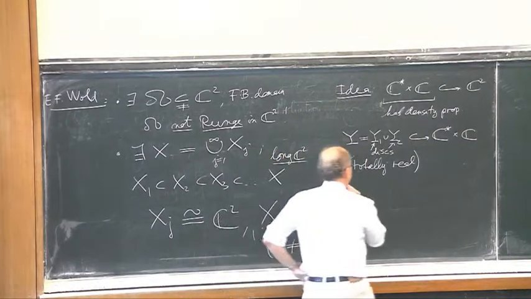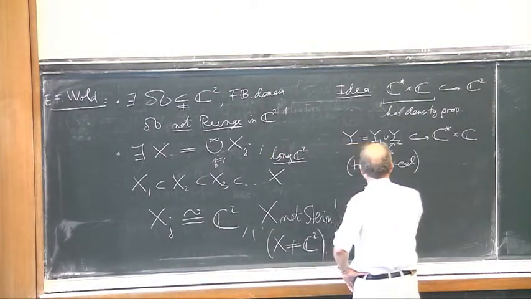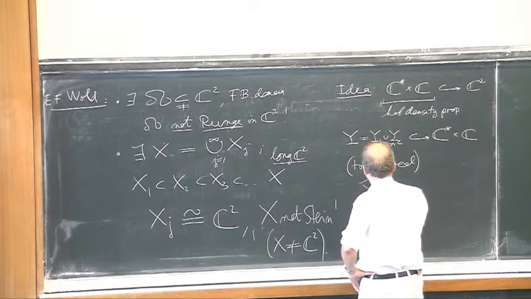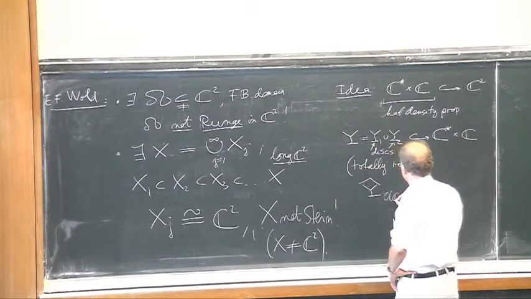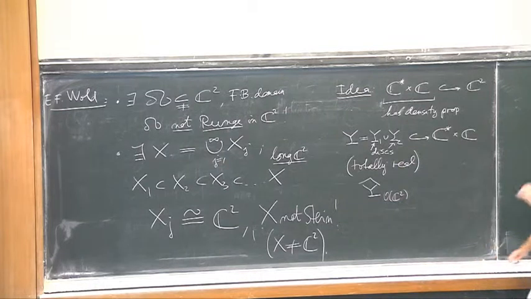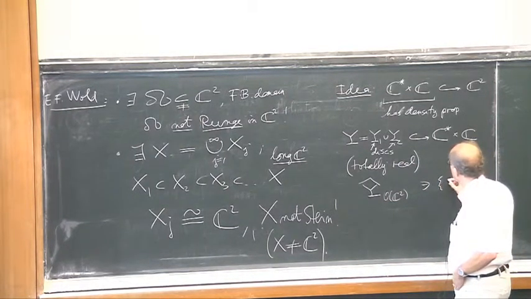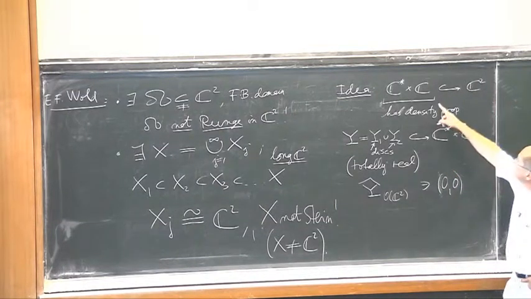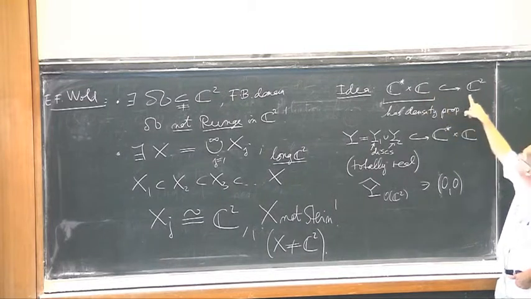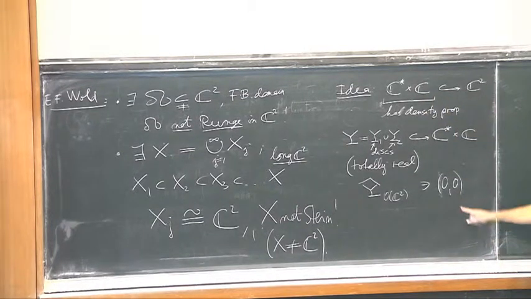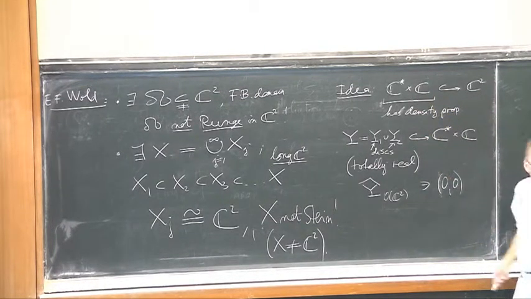Such that it has the following crucial property, that if you take the polynomial hull of the set, so you take the hull with respect to polynomials on C2, this contains the origin. So in other words, the hull doesn't remain here, it goes out. It contains this point which is in the missing line here.